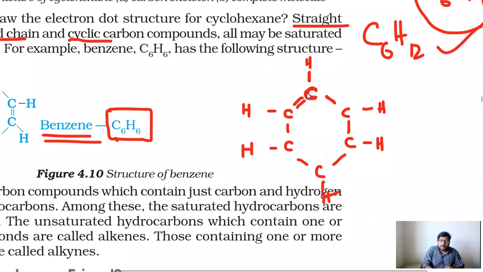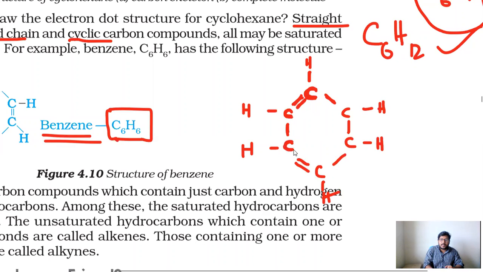Now you see for this carbon, valency 1, 2, 3, 4, satisfied. For this carbon, 1, 2, 3, 4, satisfied. For this carbon, 1, 2, 3, not satisfied. You have to go with one double bond. If you draw one double bond here, that bond will be counted for this carbon also, so it will become 1, 2, 3, 4, 5. No. So mention the double bond here.